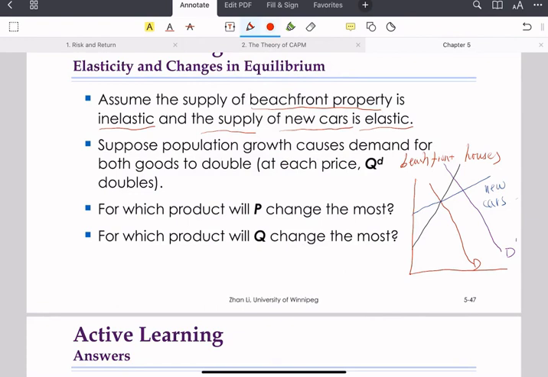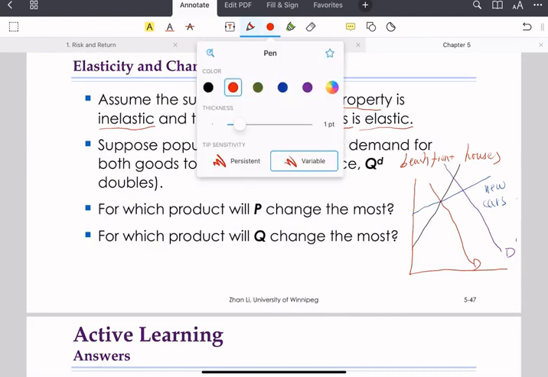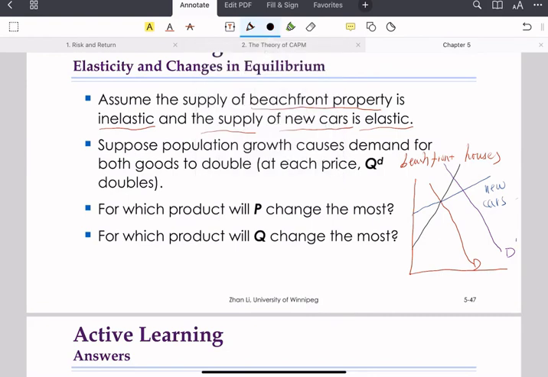Now, let's see what the question is here. It says, for which product will price change the most? Well, you can see that it's easy, right? We're basically starting from the same equilibrium. For beach houses, the equilibrium would be here, given by the red dot.